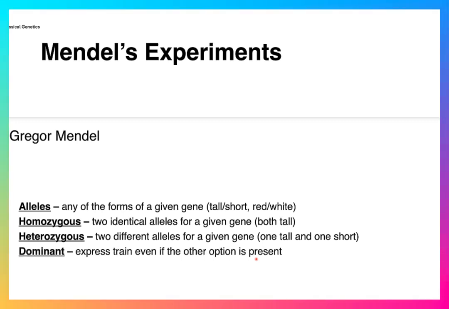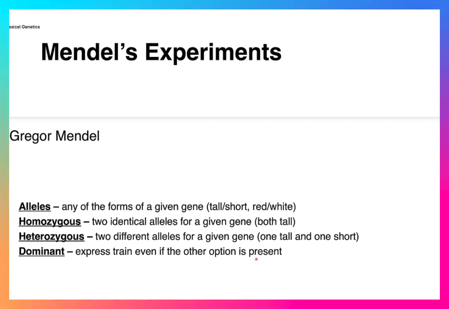Now, if a trait is called dominant, it means that trait is expressed even if the other trait is present. So, for example, if you're homozygous red or homozygous white, you're going to have red flowers or white flowers. But let's say you have one allele for red and one allele for white, and every time you produce red flowers.